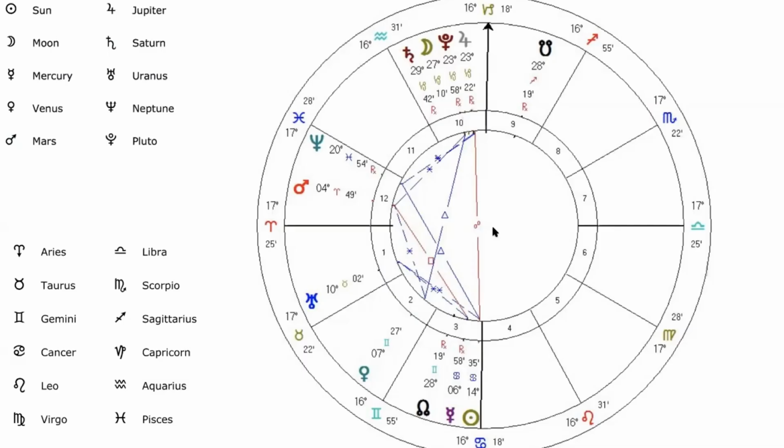And essentially, where you have a challenging aspect, that will bring out the lower nature of the planets involved more easily. So, as I said earlier, everything in a chart has the potential for the lower and higher expression, a whole spectrum of possibilities.